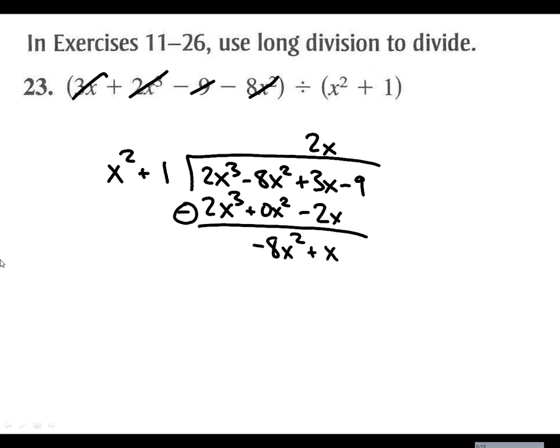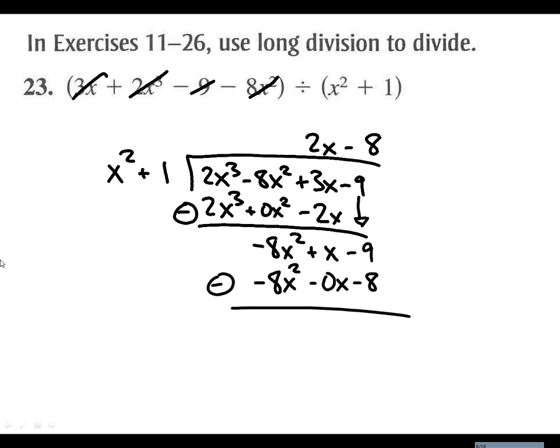We're going to say x squared goes into negative 8x squared negative 8 times. So we've got negative 8x squared minus 0x minus 8. Forget to bring down the negative 9.